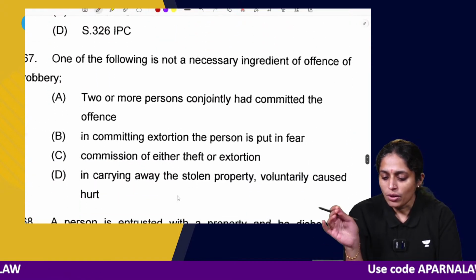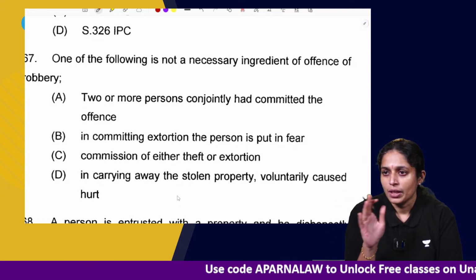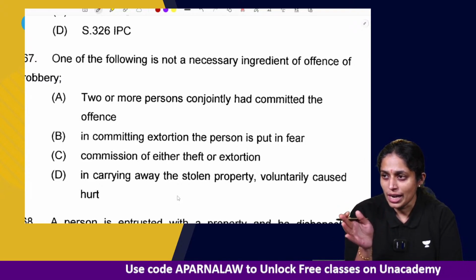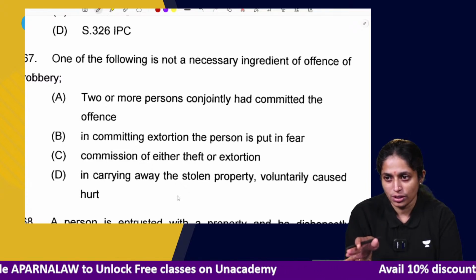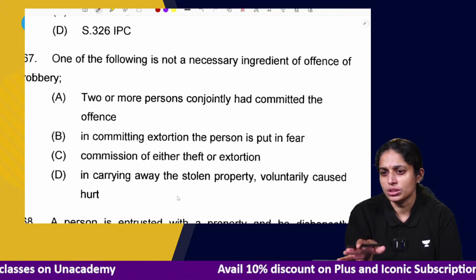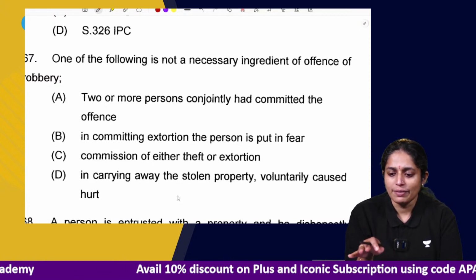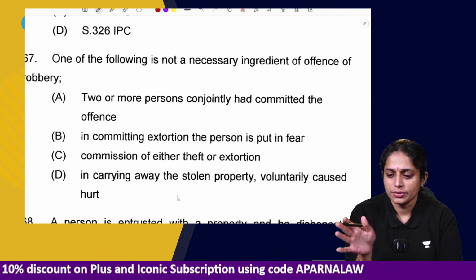67th question. One of the following is not a necessary ingredient of offence of robbery. A. Two or more persons conjointly had committed the offence. B. In committing extortion, the person is put in fear. C. Commission of either theft or extortion. D. In carrying away the stolen property, voluntarily caused hurt.